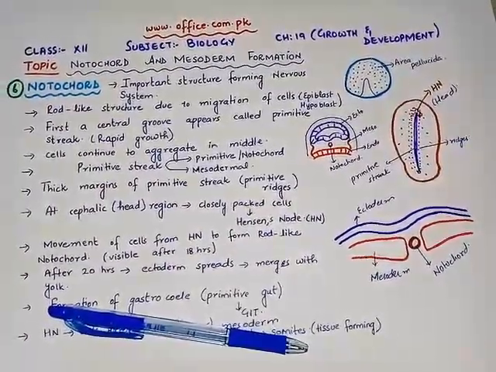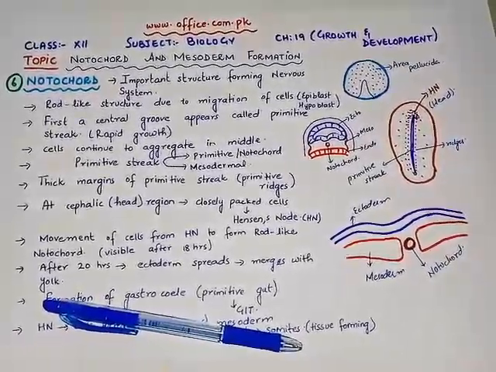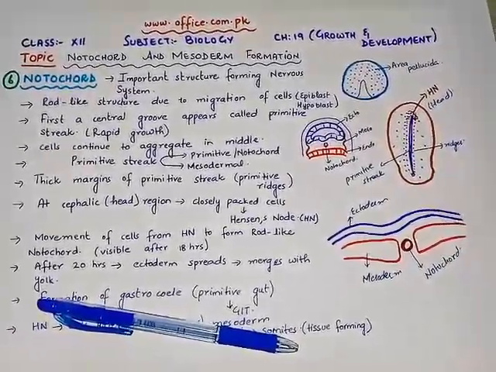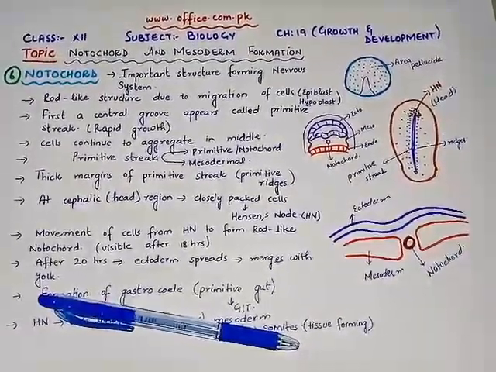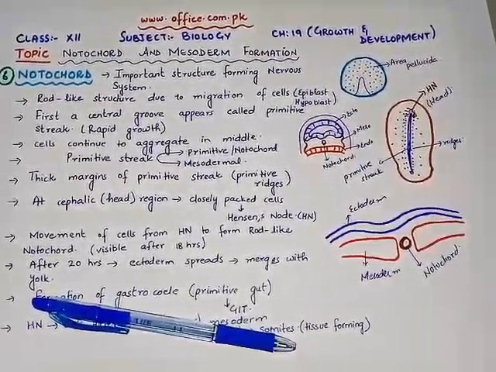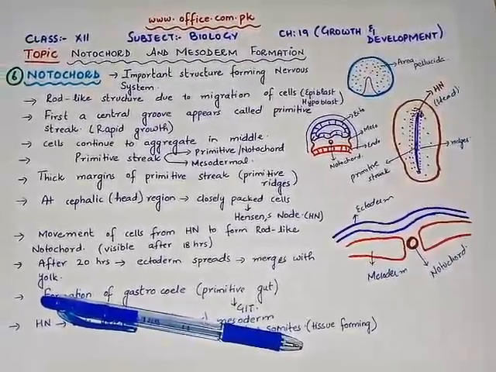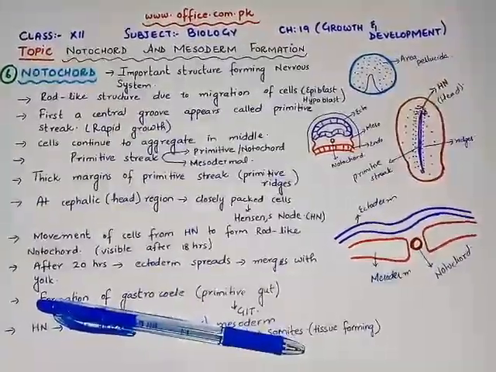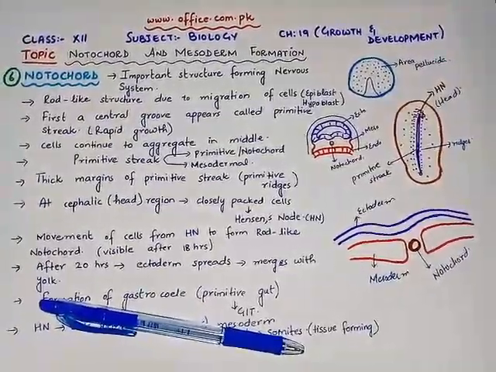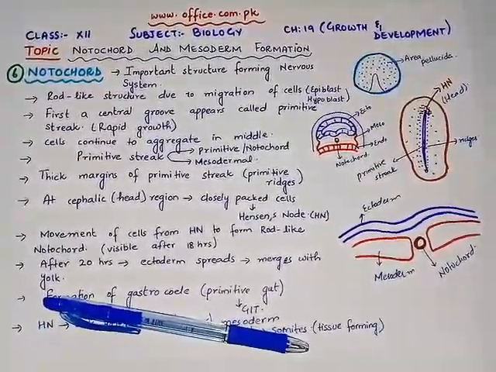The next stage was gastrulation. In the gastrulation stage, the cells arrange themselves in the form of various layers known as the epiblast and the hypoblast, which further give rise to ectoderm, mesoderm and endoderm. Ectoderm is basically the outer layer, mesoderm is the middle layer and the endoderm is the innermost layer.